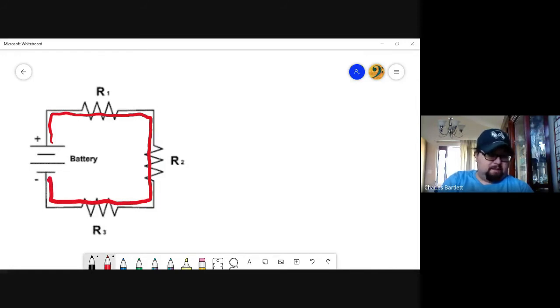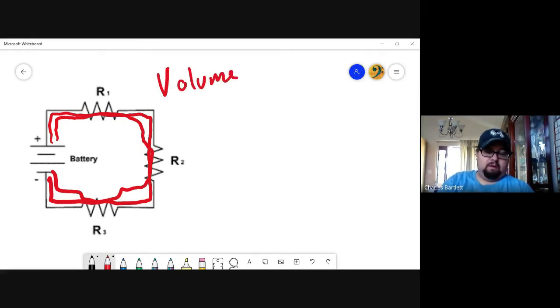So it goes back to that bottleneck analogy, right? It bottlenecks, and then it widens out, and then it bottlenecks, and then it widens out, and then it bottlenecks, and then it widens out. It doesn't change the amount of volume that's flowing through it, right? And volume in this case would be amps, or the amount of electrons that's passing across an area per second.